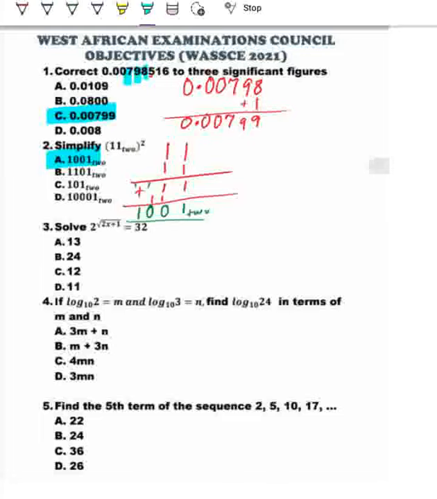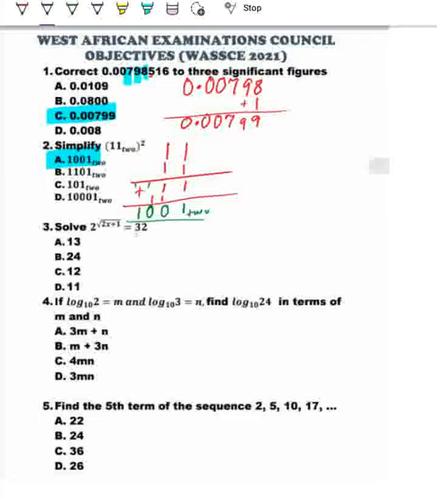The next question is 2 raised to the power of the square root of 2x plus 1 is equal to 32. This is a question on indices.